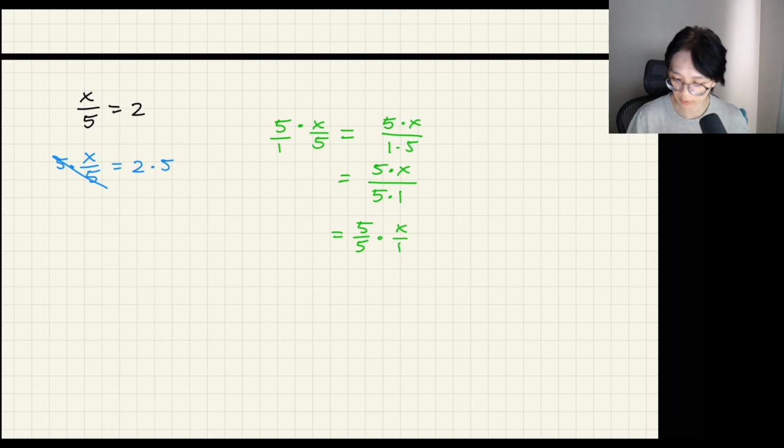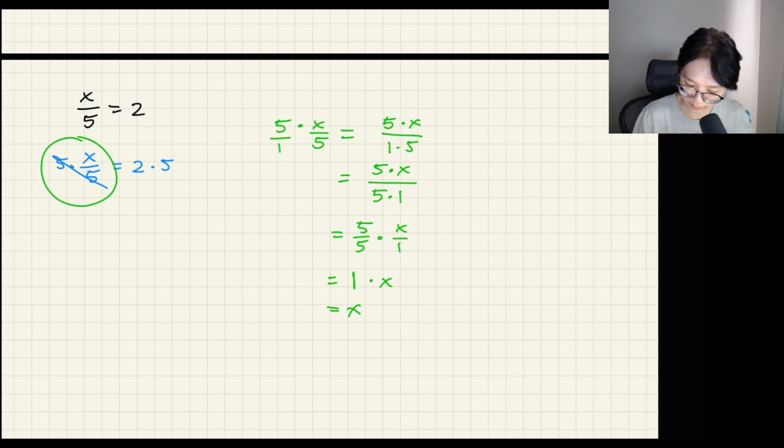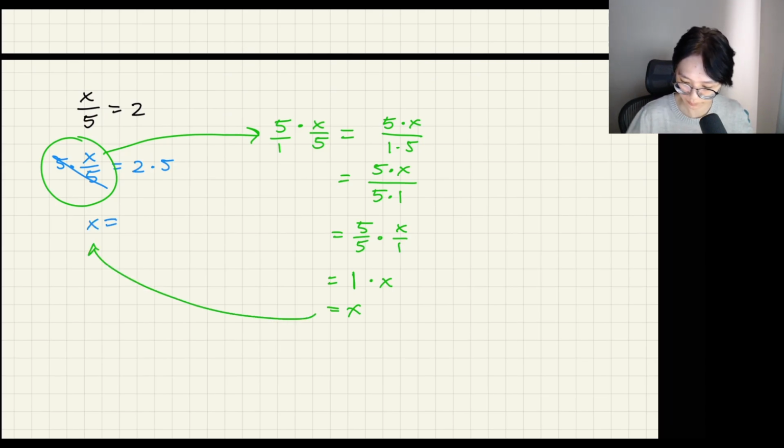And then we run into the same thing. 5 over 5, anything over itself is 1, times anything divided by 1 is itself, and anything times 1 is itself. So that's how this turns into this, which then turns into this. And then what's left on this side? 2 times 5 is 10.